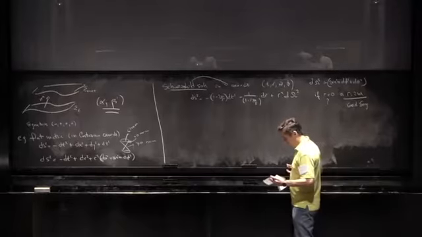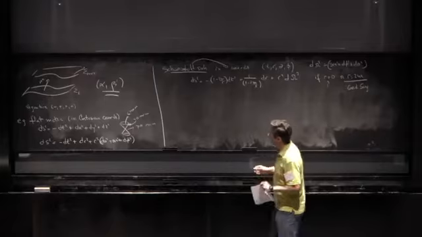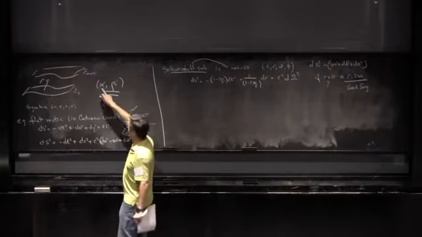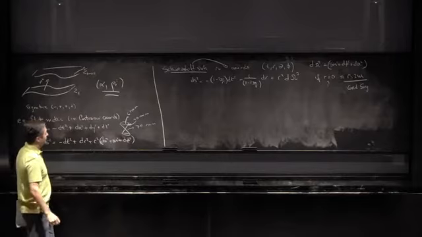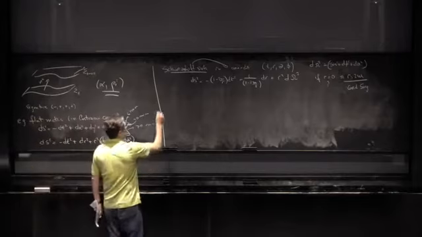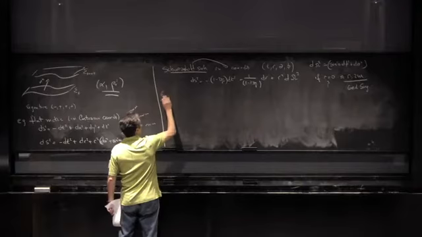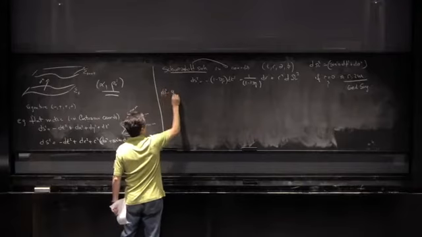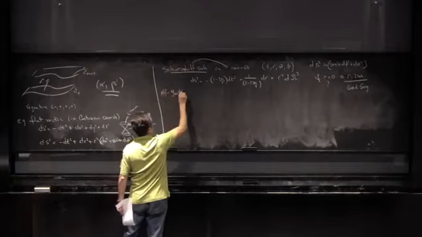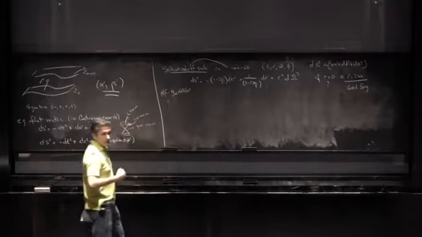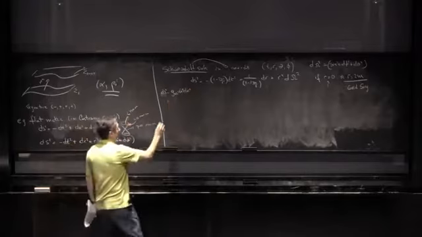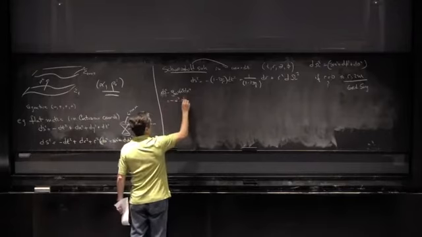So let's do one thing that will come in handy, but let's try and make connections with the lapse and shift that we defined yesterday. So remember we said that distances can be written in terms of the full metric. It can also be written in terms of the concepts we introduced yesterday in the following form.